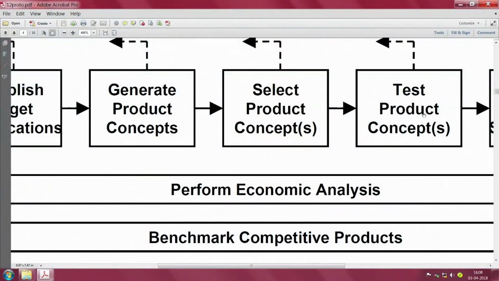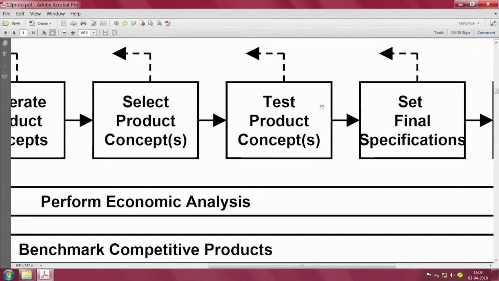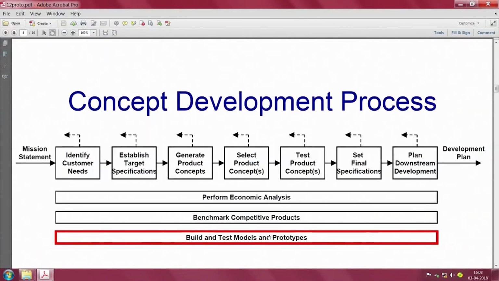Now, this is where our whole issue of selecting product concepts comes about. Somebody has to go out of the way to test these product concepts. You see here, they are not easy. Set final specifications. This is where we come to build and test models and prototypes. What looks very easy?